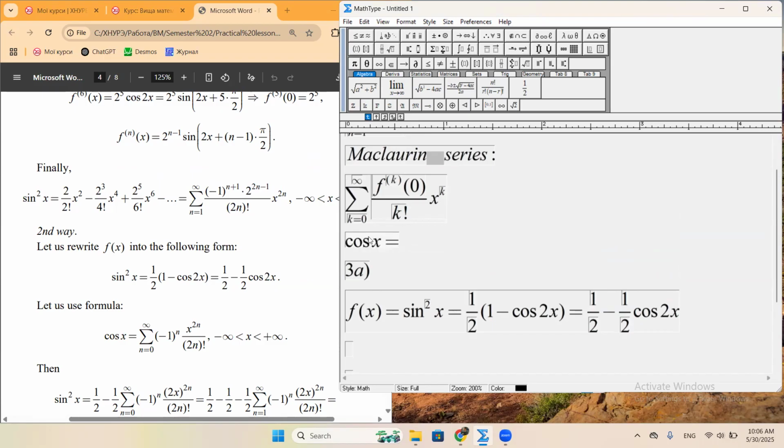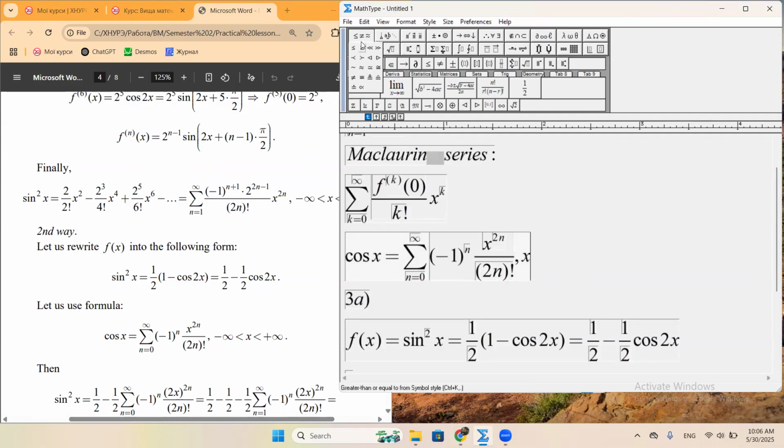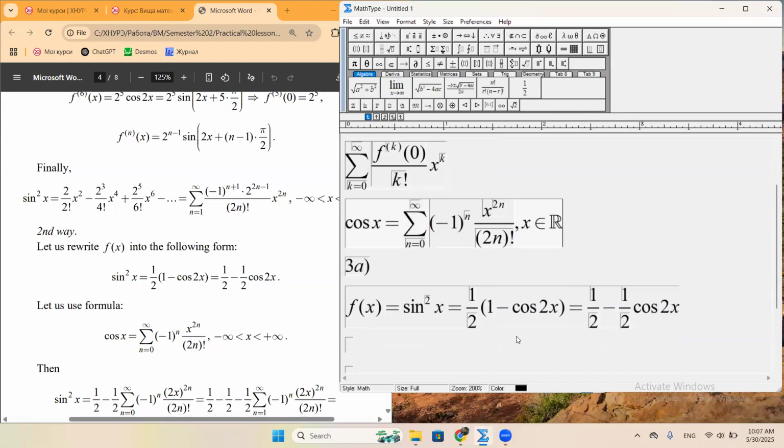So cosine of x will be expanded into the following series: n from 0 to infinity, minus 1 in power of n, and x in power of 2n over 2n factorial. So only even powers, and x belongs to the real numbers, so any real number.